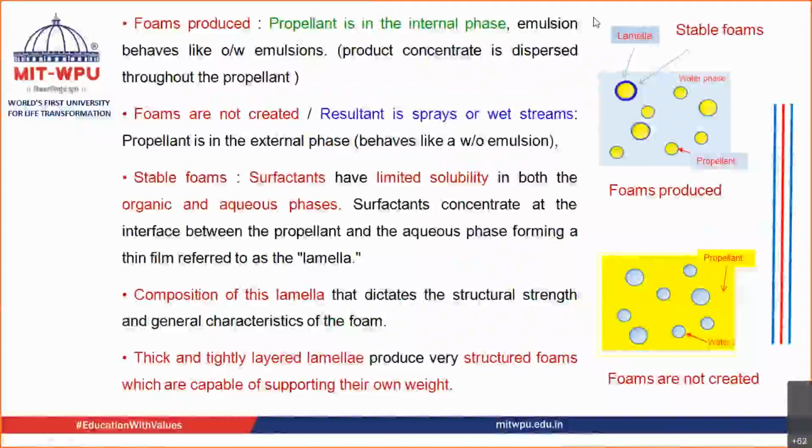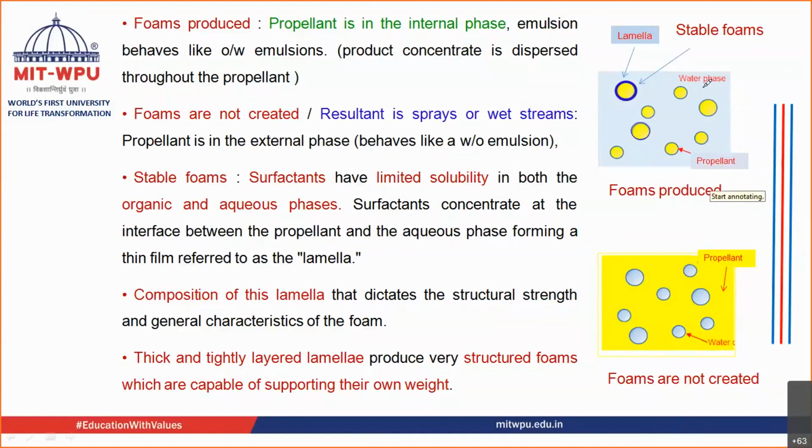Now the foam is produced only if you have this kind of an emulsion system, that is an oil in water kind of emulsion system, in which you have the water phase as the continuous phase. This blue is nothing but the water, which is the continuous phase, whereas you have propellant in the dispersed phase.